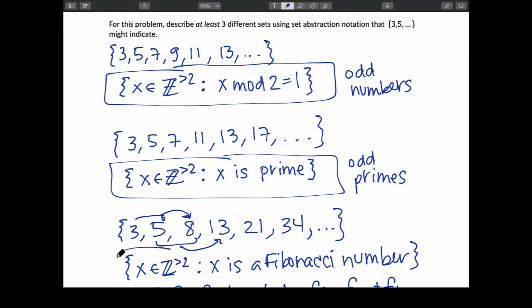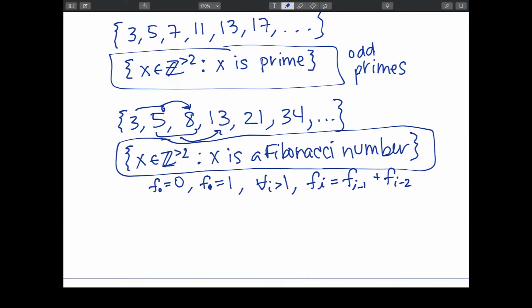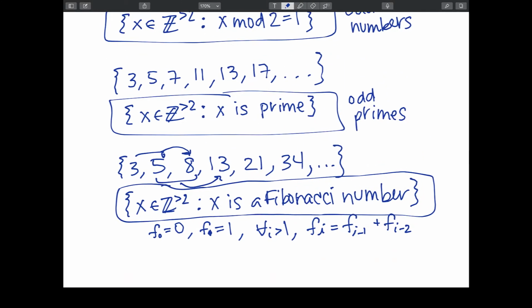That's another one. And there are several ways that you could more formally write this out, but I just care that you capture that it's a Fibonacci number if that's your answer. And there are many more creative possibilities for what this could imply. So I'm trying to think of, let's see, 8 minus 3.